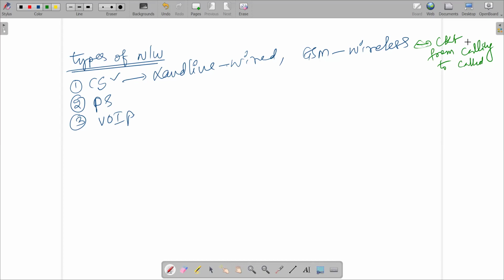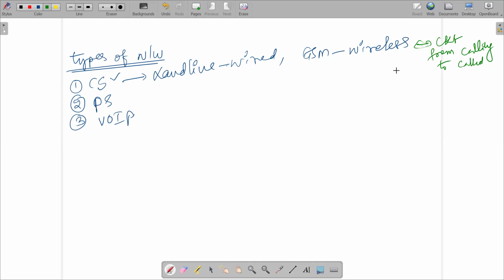So now the capacity of this CS network, either wired or wireless, depends on how many channels or how many switches are available, how many wires run between two cities. If it is wired, the total capacity of the network depends on the wires between two cities.